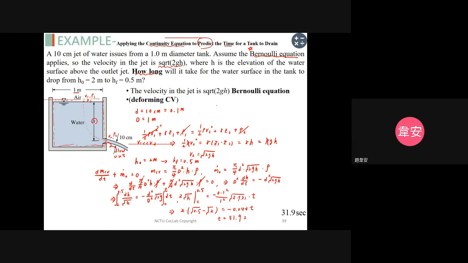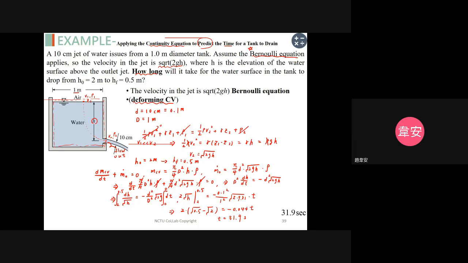Okay, so this is also a simple problem, but compared to the previous two exercises, in this problem the boundary of the control volume will change, because we fix the control volume with the water boundaries. And we know in this problem the water surface will decrease, so the boundary of the control volume will also change.